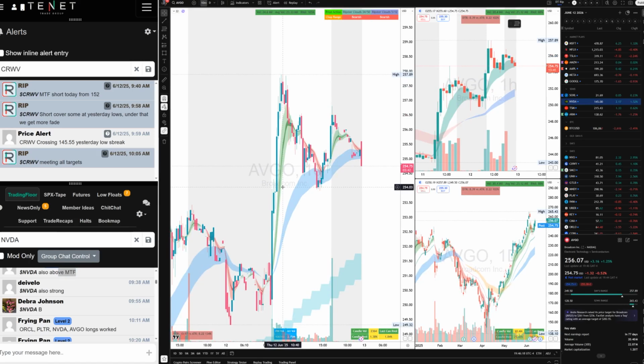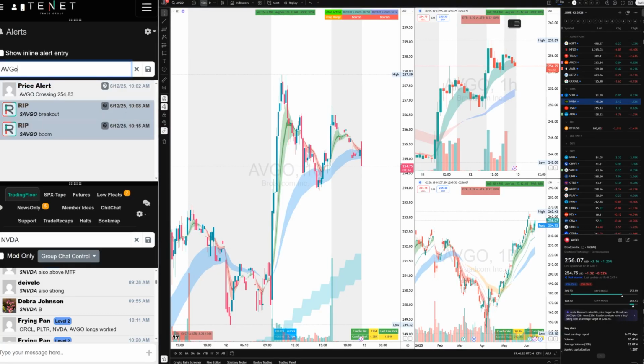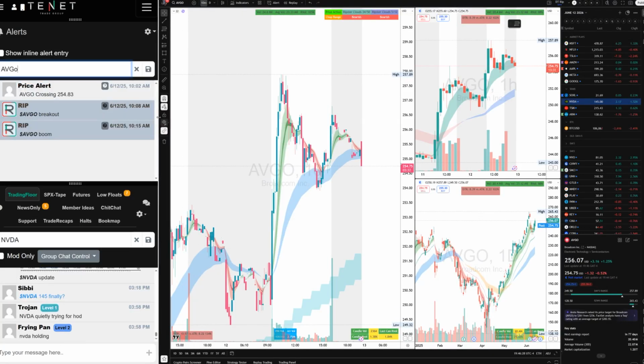Another similar setup which was working because the market was strong was AVGO. AVGO was the same thing, it curled right at the open, and that was a beautiful breakout. This was mostly my voice guidance. I alerted that. You can see that I mentioned the 10 AM breakout on that as well. Because I'm watching hundreds of tickers on live screen, I try to find the best opportunities and tell my traders. Sometimes you might be late, so you avoid it.